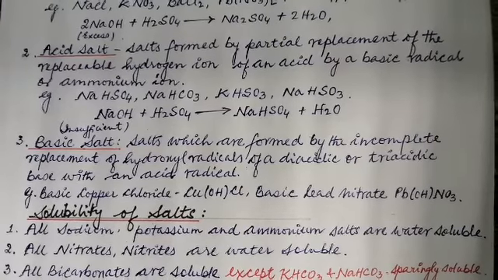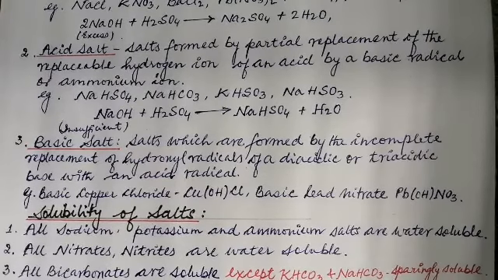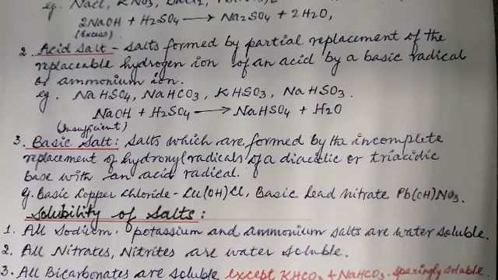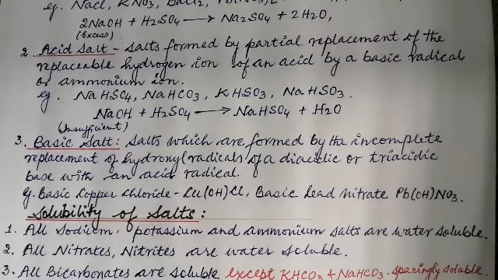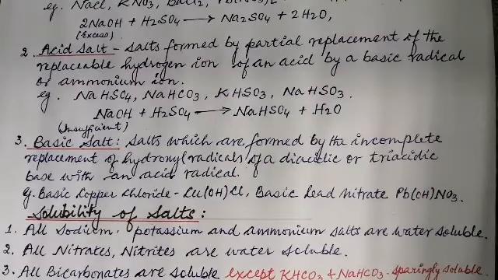Now, what is an acid salt? Salts formed by partial, meaning incomplete, replacement of the replaceable hydrogen ion of an acid by a basic radical or ammonium ion.